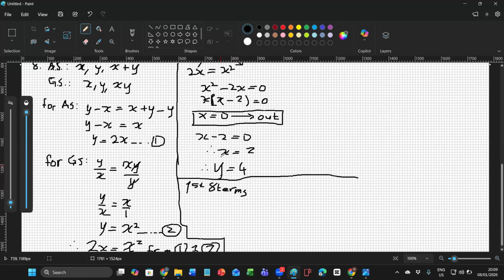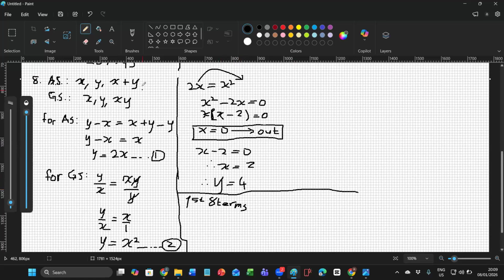Go back to this place here. You already know that x is 2 and y is 4.